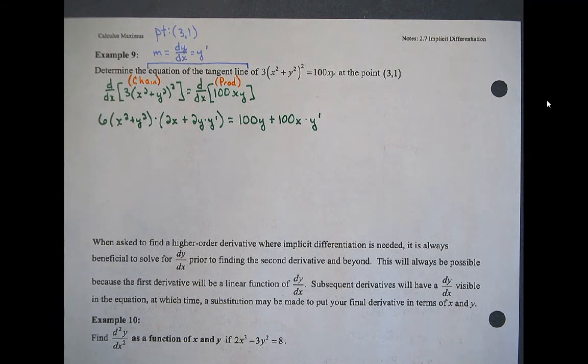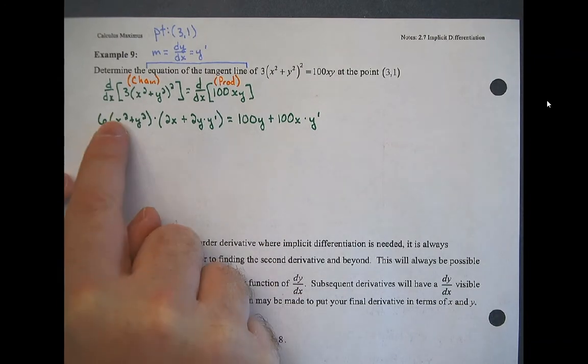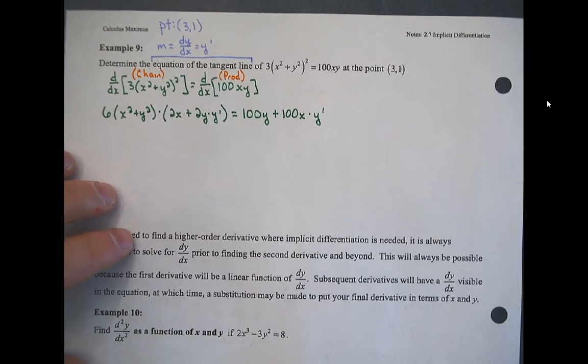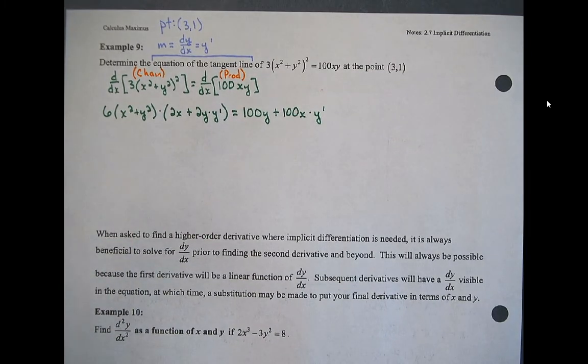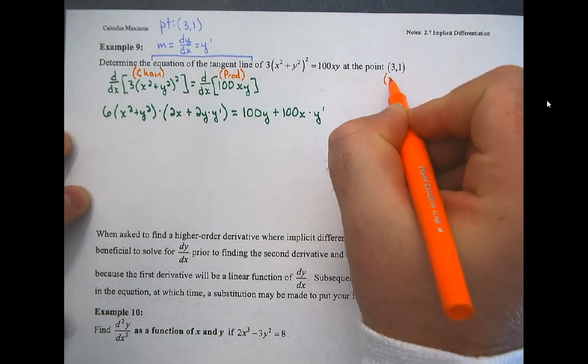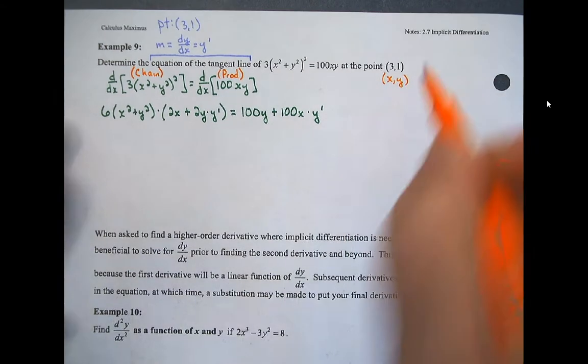So this is a perfect scenario of where you do not want to try to get y prime by itself. You would distribute this, you'd move stuff and rearrange. But this is a scenario where I would recommend plugging in the point 3, 1 and saving yourself some headaches. So I'm going to now plug in the point.